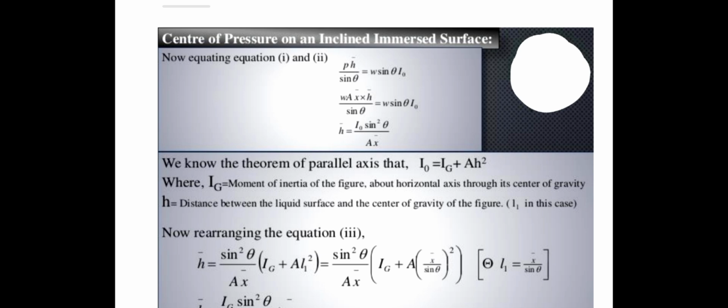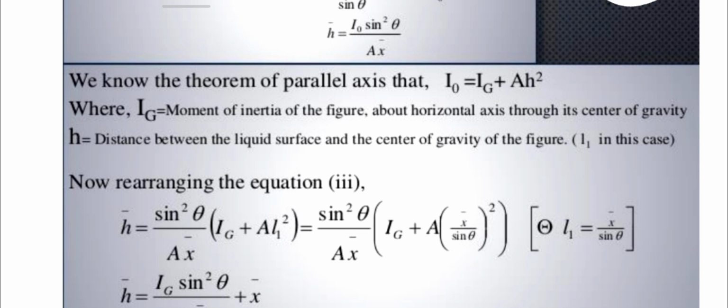We know the theorem of parallel axis, that I is equal to Ig plus A h square, where Ig is the moment of inertia of the figure about the horizontal axis through its center of gravity, and h is the distance between the liquid surface and the center of gravity of the figure.